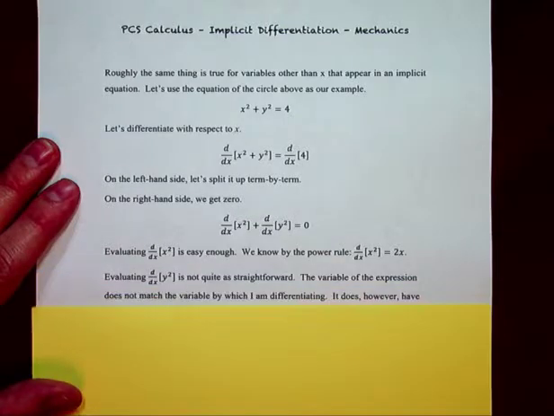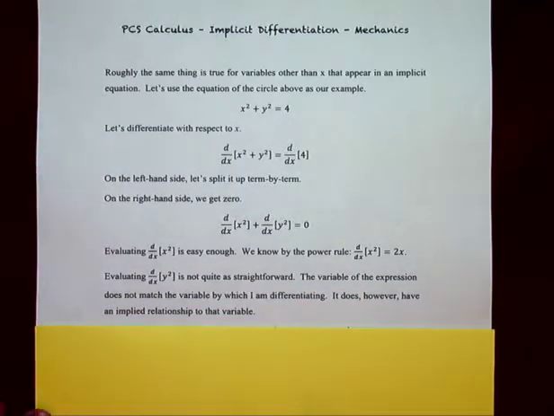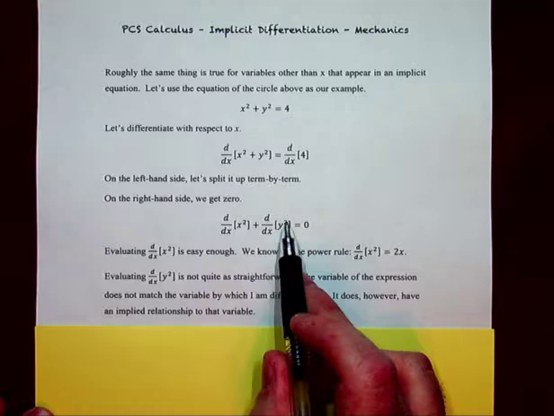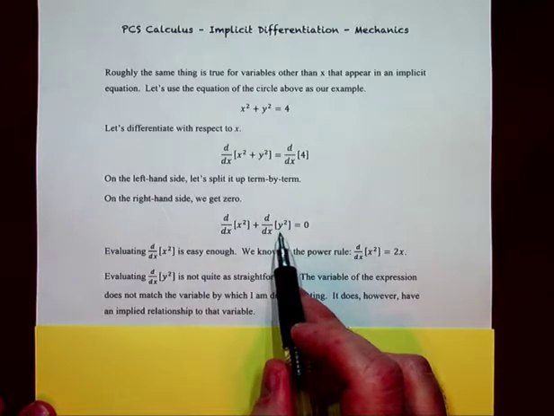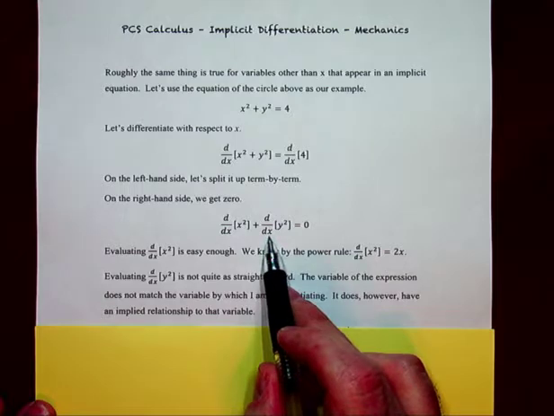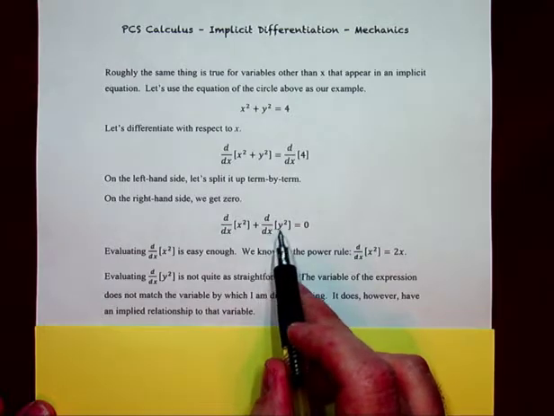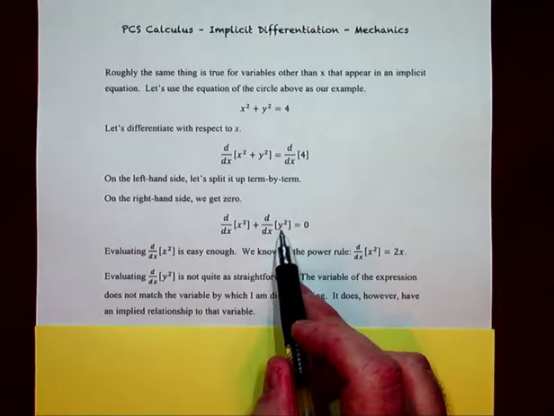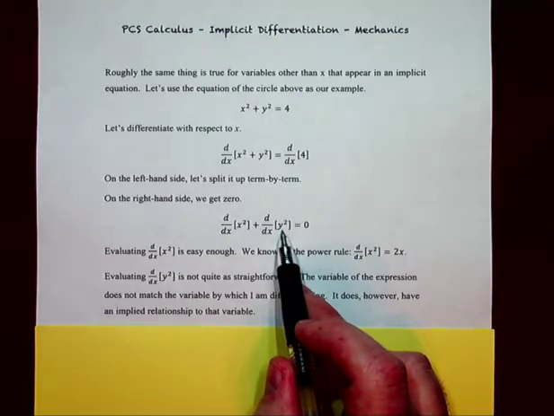Now, when we get to y squared, that's a little bit more difficult, because y squared kind of acts like f of x squared, right? It's not x. The variable I'm differentiating with respect to does not match that variable, but I know that y has an implied relationship to x.